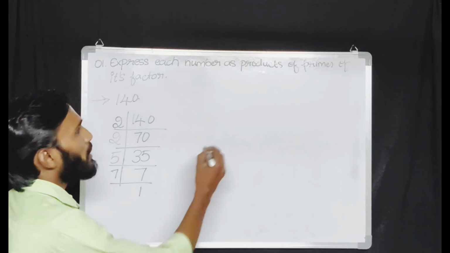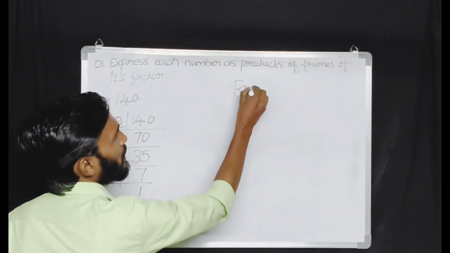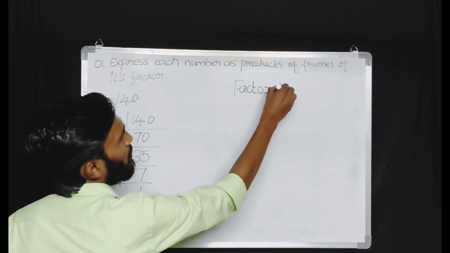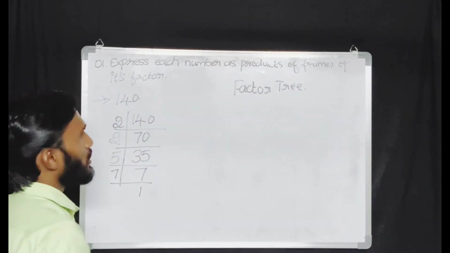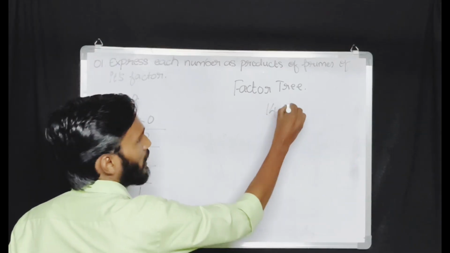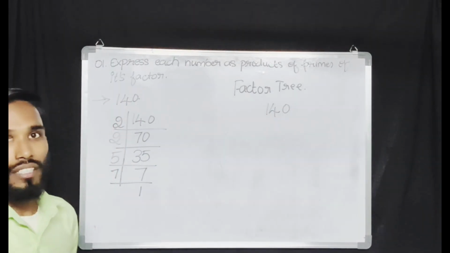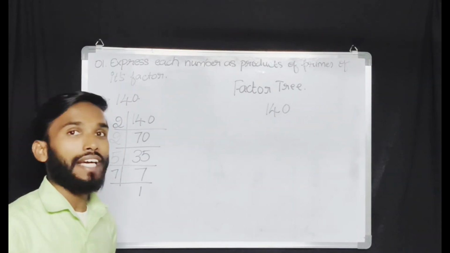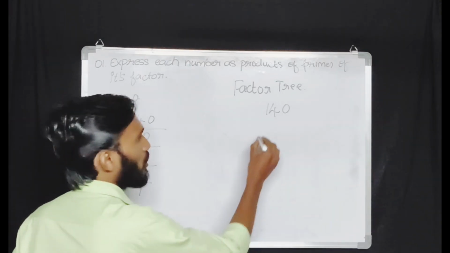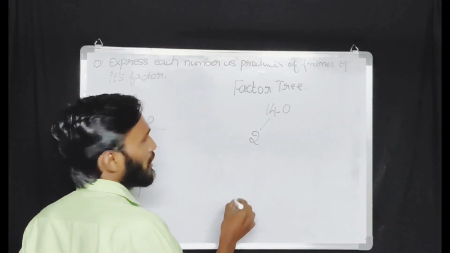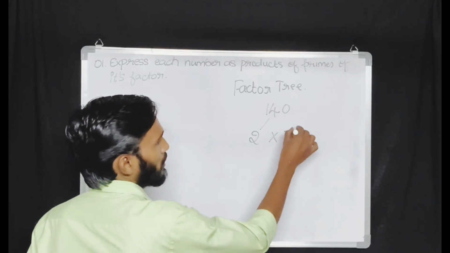Now going to the next method, the factor tree. Now observe 140. Don't try 1 in a factor tree, because it is neither prime nor composite. Start with the smallest prime number, 2. 2 into 70.